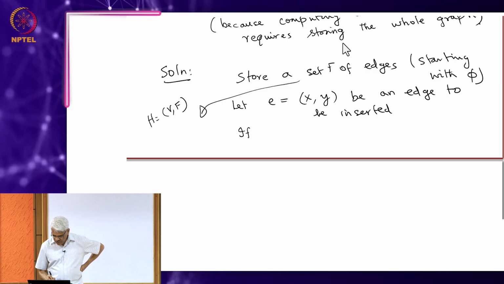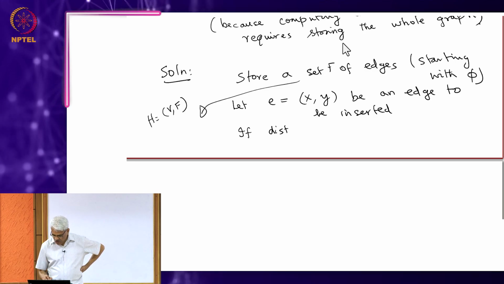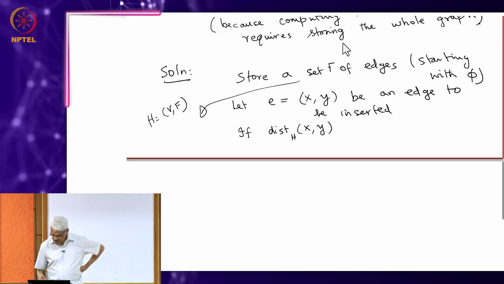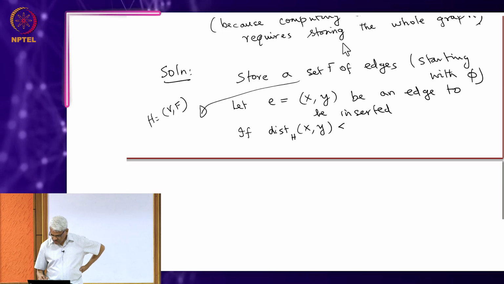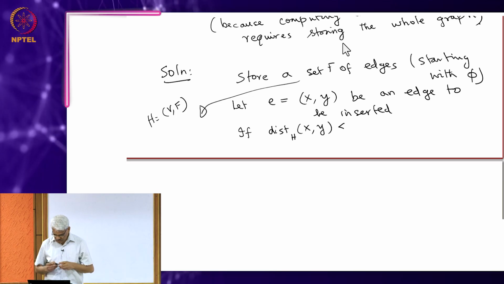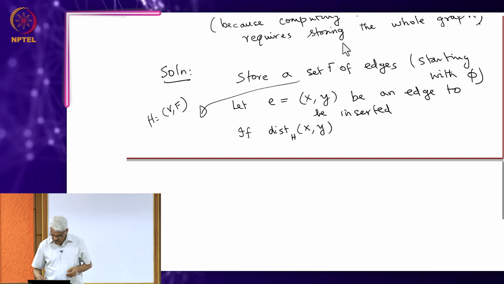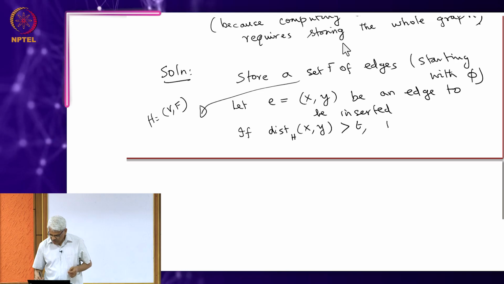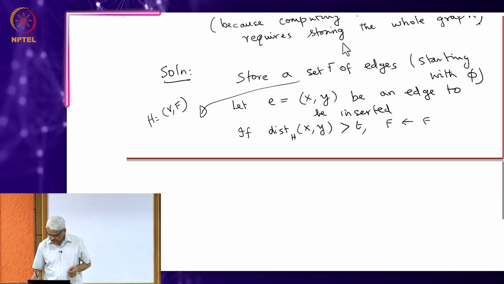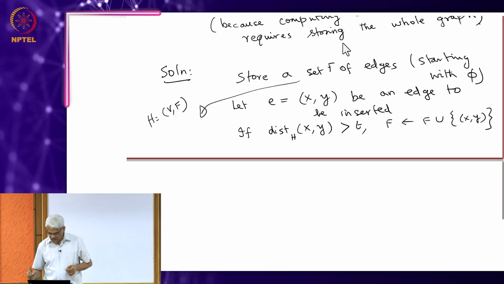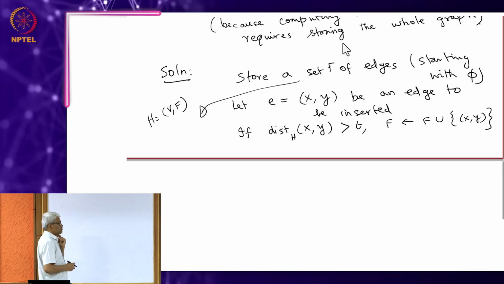So if the distance between x and y in H is less than, if it's greater than t, then I am going to add it, otherwise discard it. That's all, right?